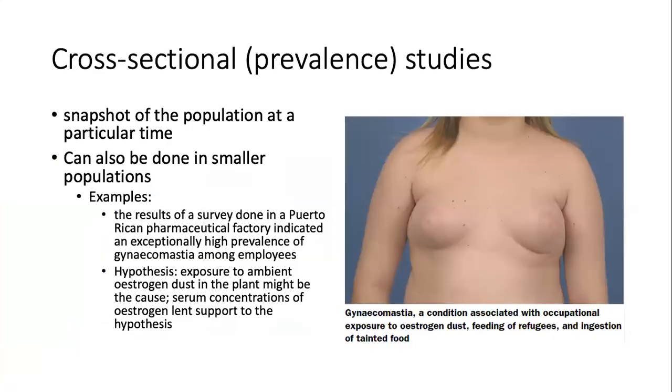But cross-sectional studies can also be done in smaller populations. An example would be this one: in a Puerto Rican pharmaceutical factory, they noted a high prevalence of gynecomastia among employees. So they hypothesized that there might be something in that factory that is causing an increase in estrogen levels, causing this gynecomastia.